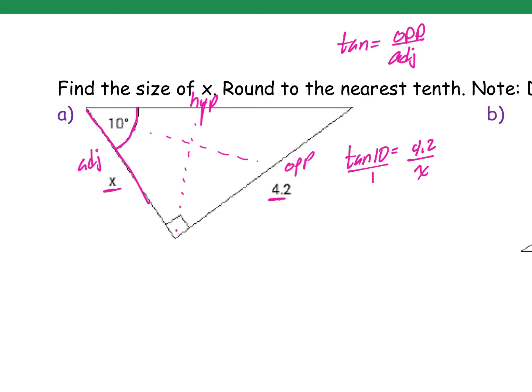So then I'm going to cross multiply, and I get x tangent of 10 equals 4.2. Divide by tan of 10. And x is approximately equal to 23.8. Nice job, Ketlin.